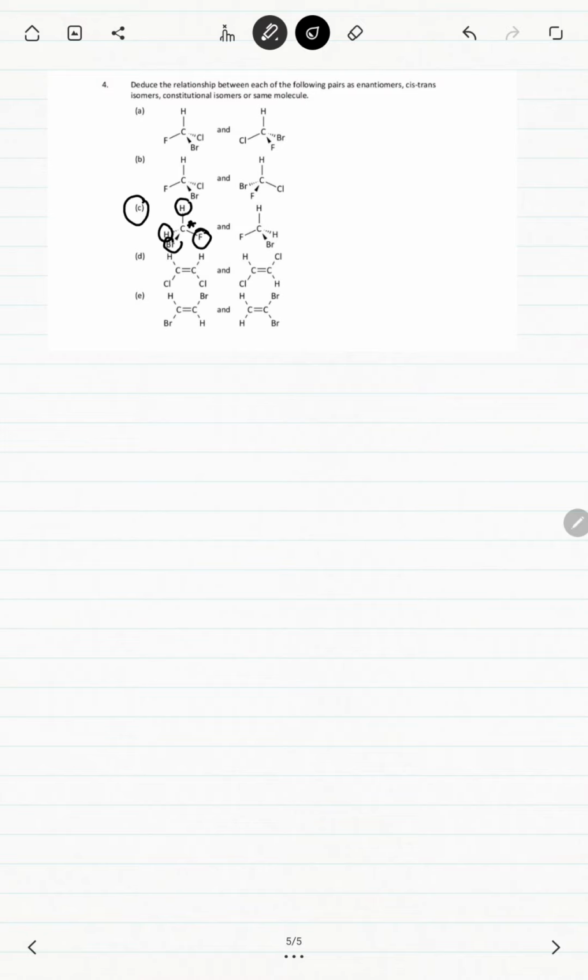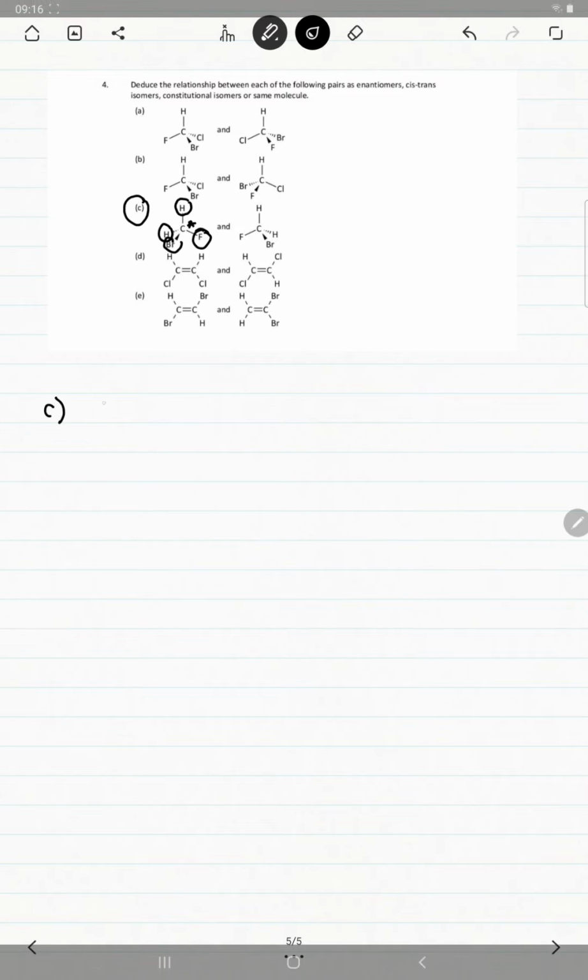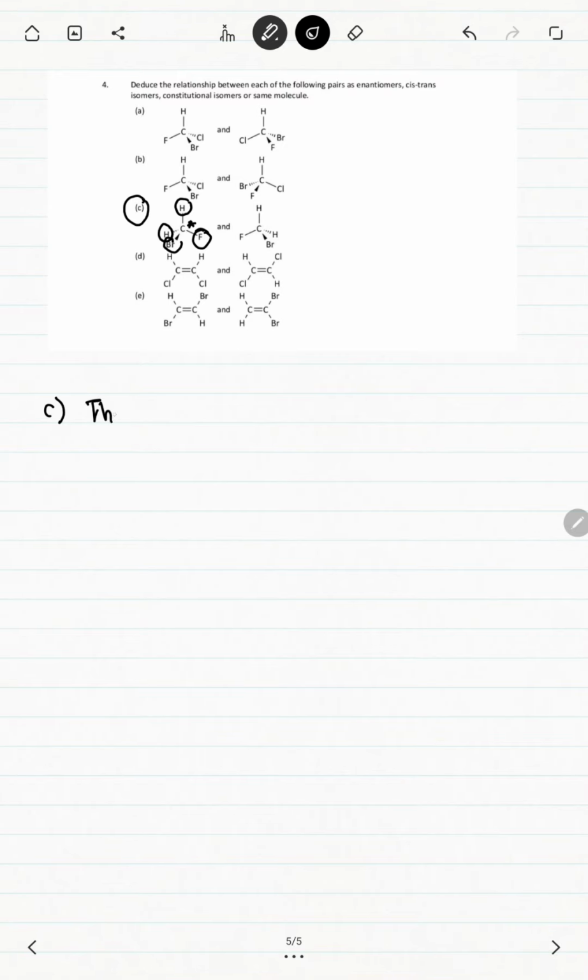So, we can state that, okay, the answer for equation C, sorry, they are an achiral molecule.